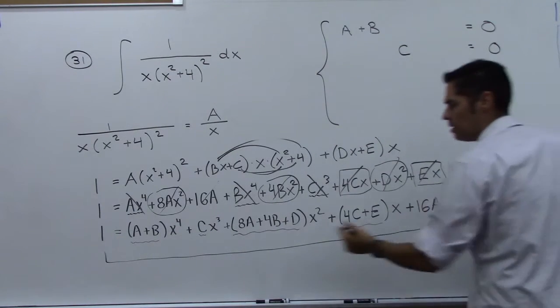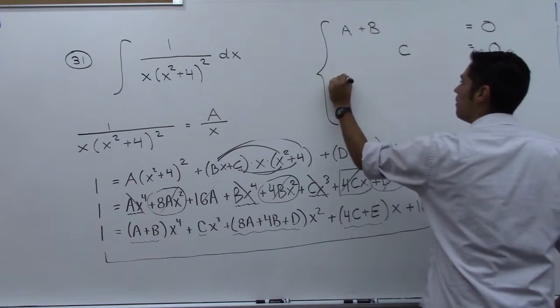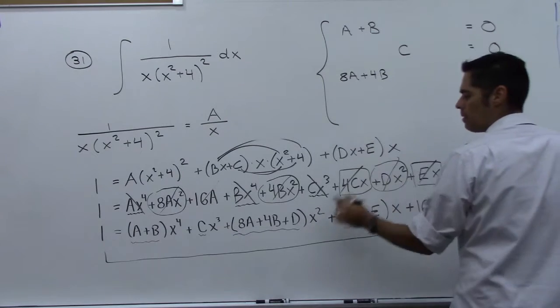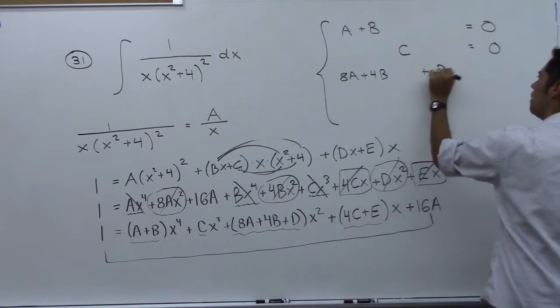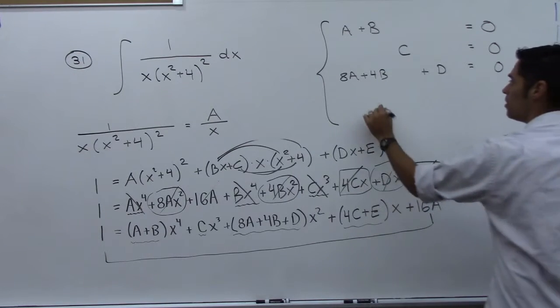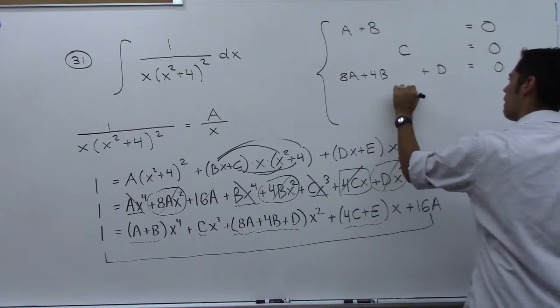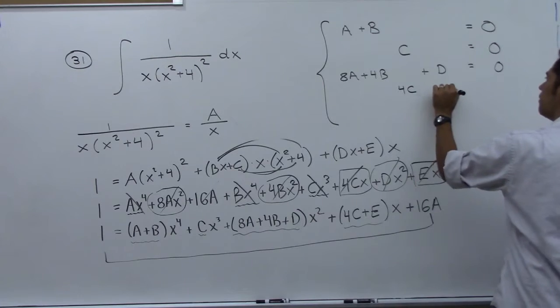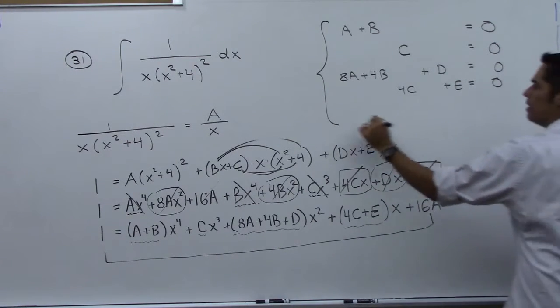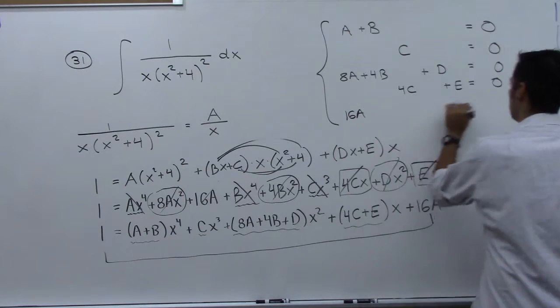That's nice. Next equation, 8a plus 4b plus d must also equal 0. And then this one, 4c plus e must be 0. And then finally, last one, 16a must equal 1.